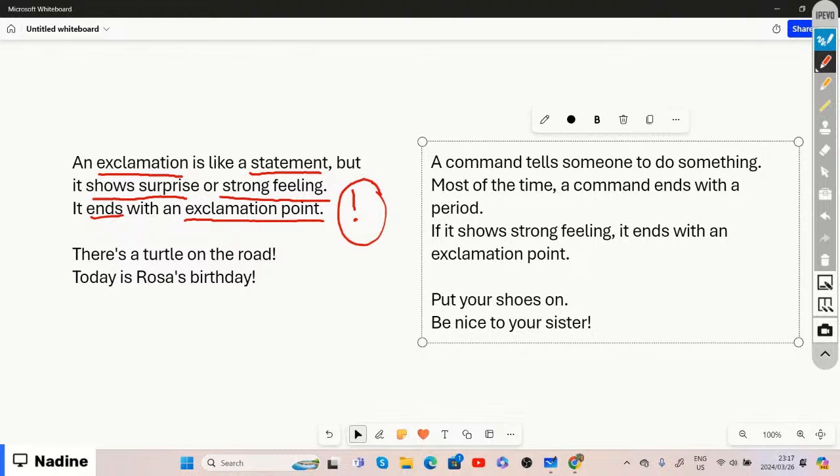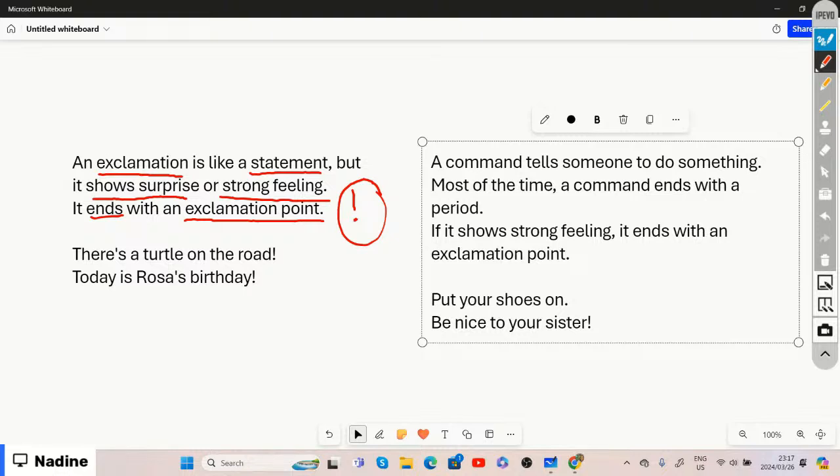And if we look at a few examples of an exclamation, there's a turtle on the road. But now you can't say it the way I said it. When you use an exclamation, remember we said it shows either surprise or strong feelings.